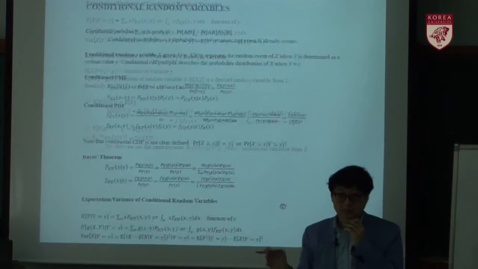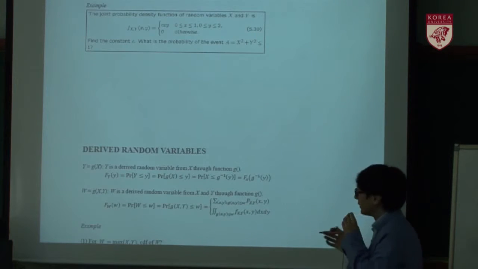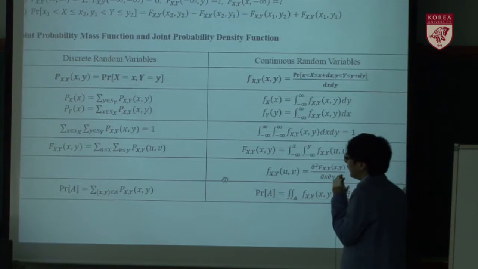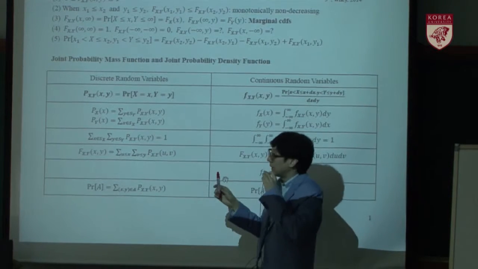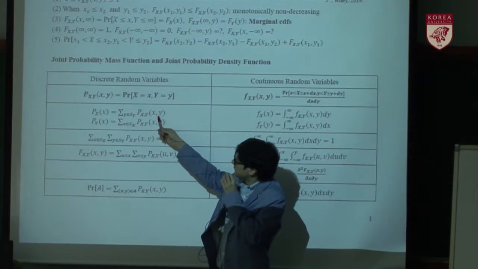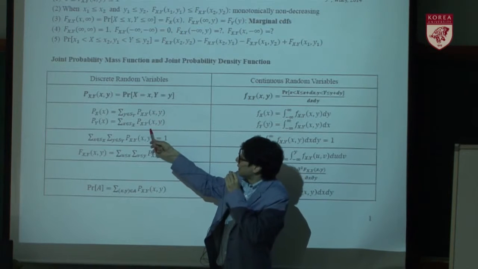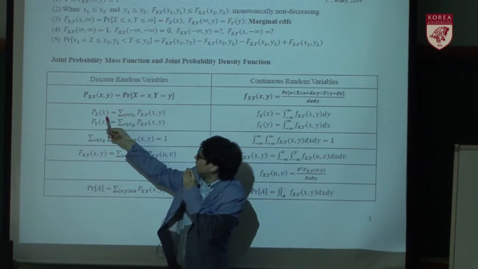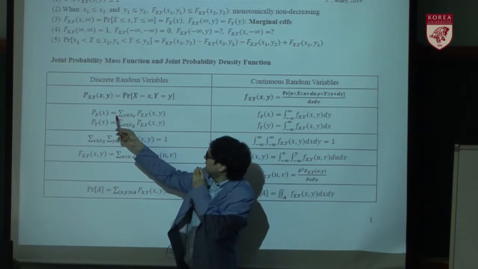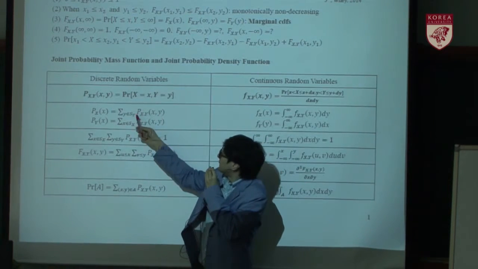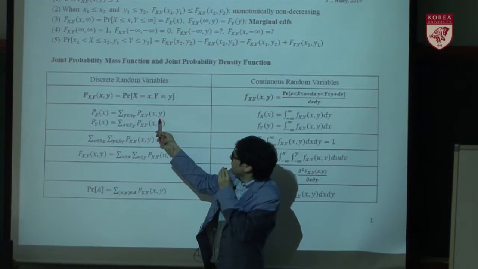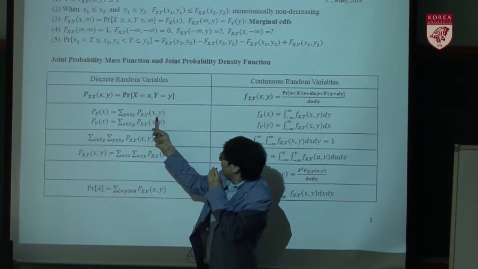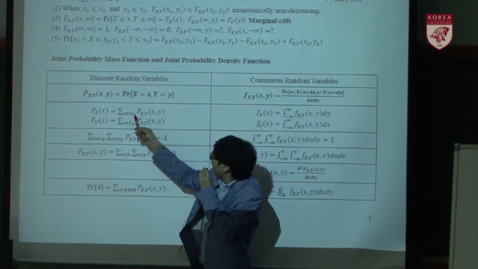Okay, so this is very obvious and very intuitive. And if you express this idea with mathematics, it looks like that. So P_X of x, the probability for a certain value of X, is the summation of this joint PMF over all of Y's.